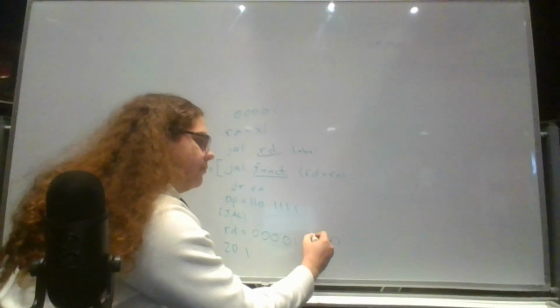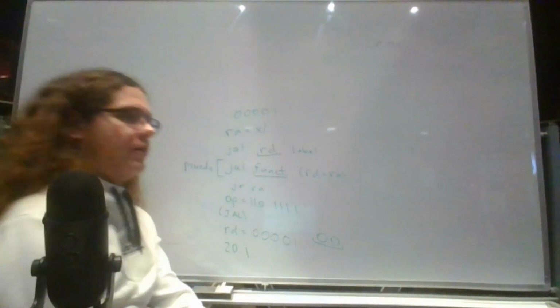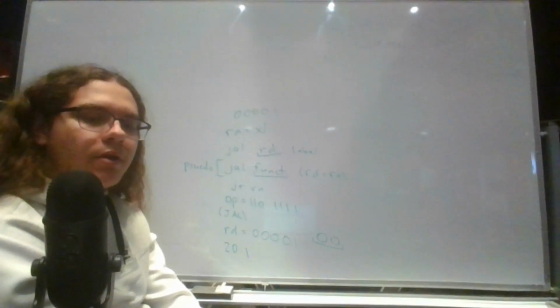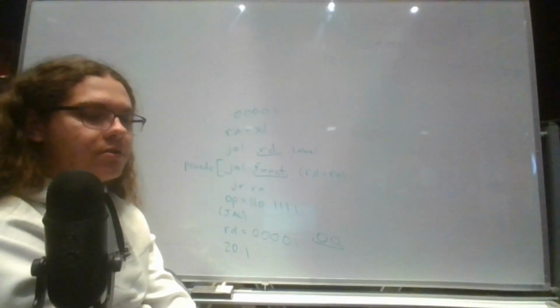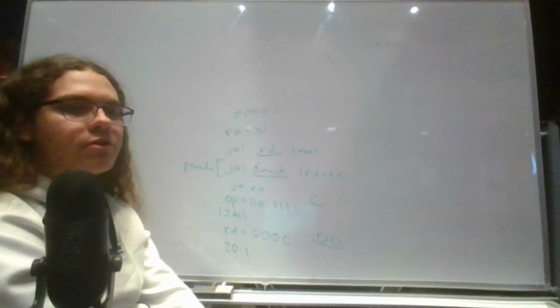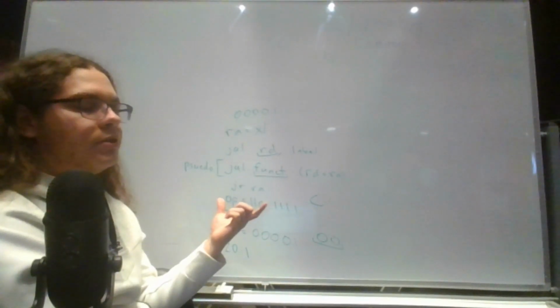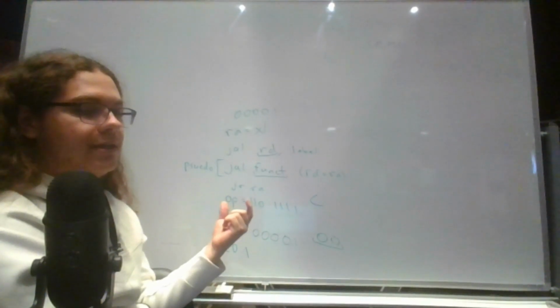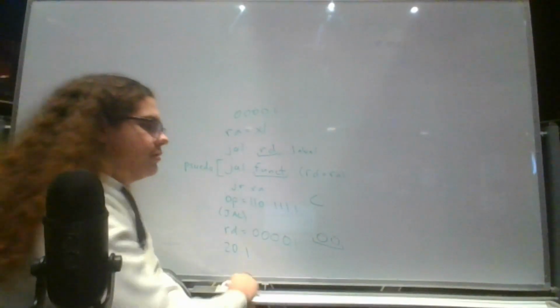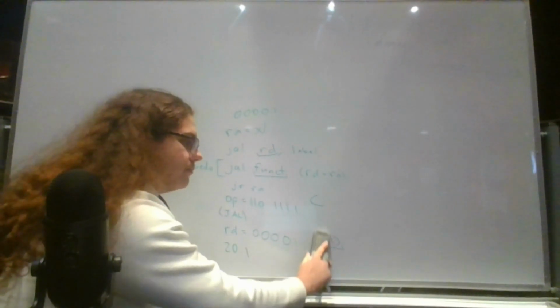Because they always go up by 4s, the bottom 2 bits are always 0. Now that's not the whole truth, because there are extensions to RISC-V, particularly the C extension, for compressed instructions. Instead of needing a whole 32 bits to represent an instruction, you can do it in 16 for some instructions, in which case your addresses go up by 2s. So the bottom bit is always 0.